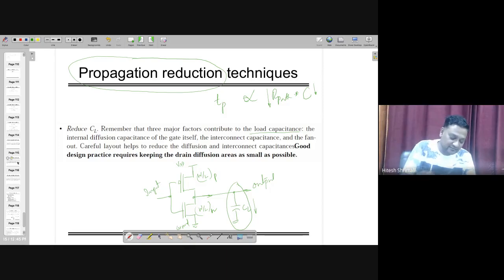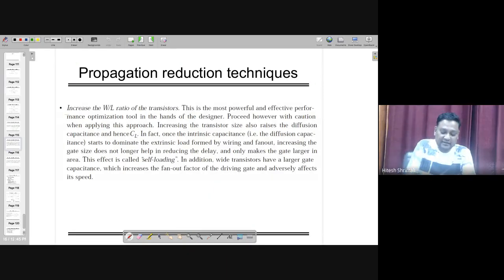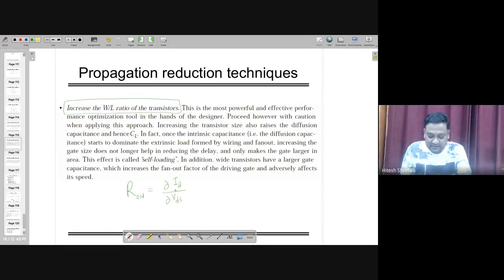Second thing which you can do is increase the W by L. Look at this. Increasing W by L will reduce the resistance. So if you look at this on resistance, which is equal to del VDS by del ID, when this transistor is in triode region, and this equation is nothing but Kn times (VGS minus VTH) times VDS minus VDS square by 2.